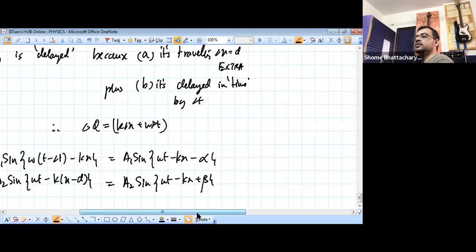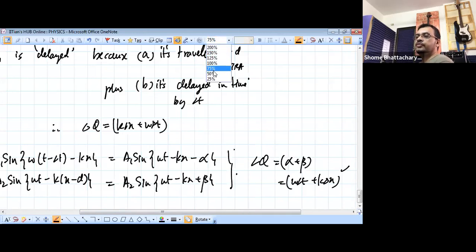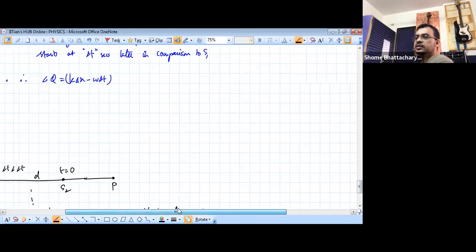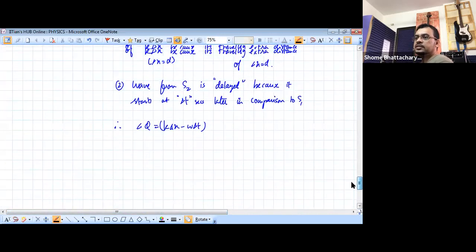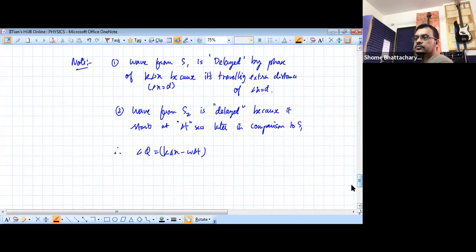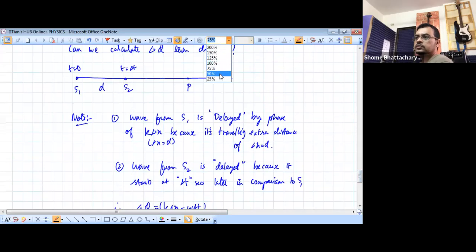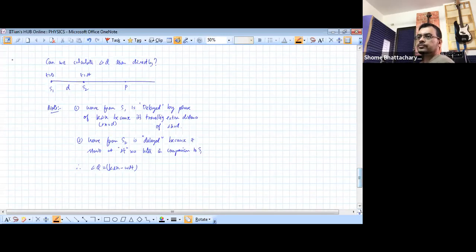If you compare, the phase difference between them, delta phi, is equal to alpha plus beta, which is your omega delta t plus k delta x. So this is the fundamental way of understanding why that's happening, but you can just logically understand whether the two factors of path difference and time difference are adding to each other or trying to cancel each other. So in the first case, they are trying to cancel each other. You can note down this point. Then come to the equation below. So this is important.